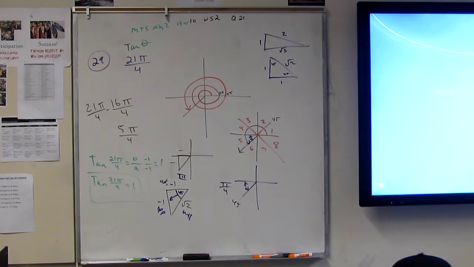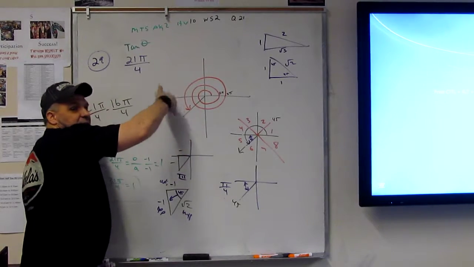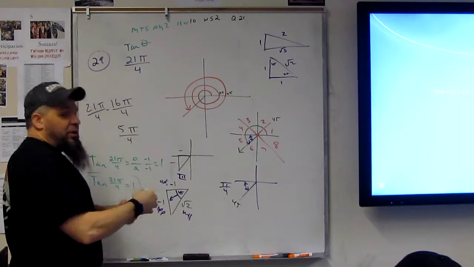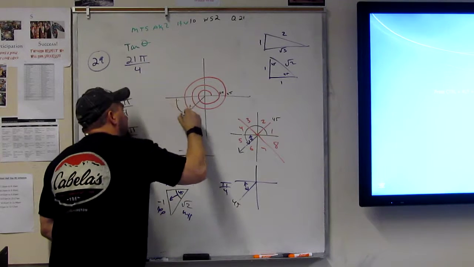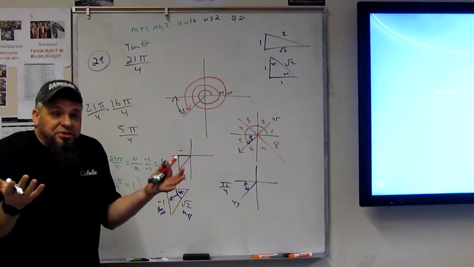Okay? Just remember, it's just like drawing the angles. We did this in the beginning, right? We drew the angle. We found the reference angle. We can all find the reference angle. This is the reference angle, right? Once we know the reference angle, the hard part is, well, how much is it, right?